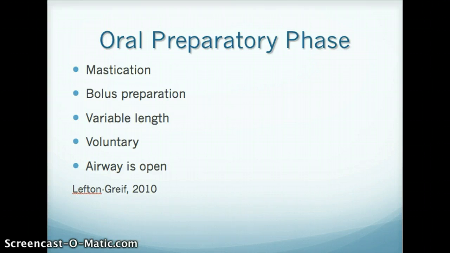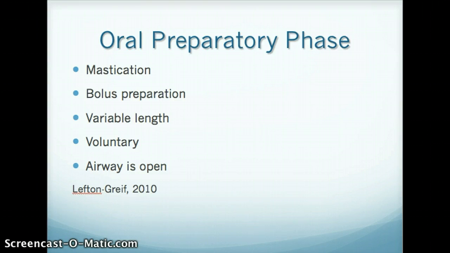Okay, the oral preparatory phase. This is where food is being prepared for swallow. There's a lot of coordination that goes on here. First, food goes into the mouth. Think about putting a cracker into your mouth, and you start chewing.